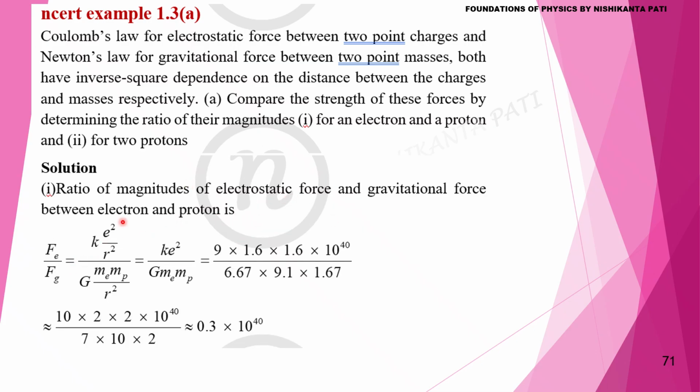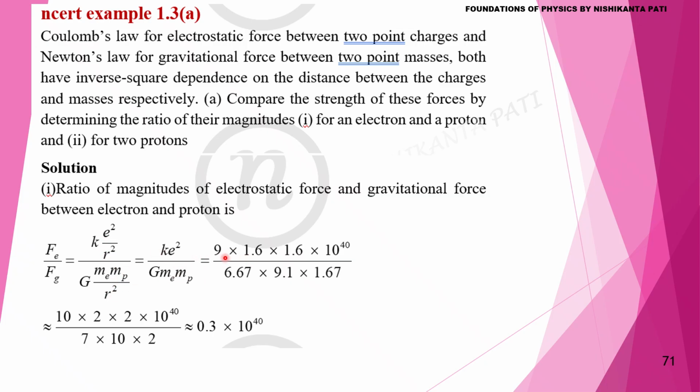The first question says between electron and proton. The numerator is the magnitude of electrostatic force between electron and proton. Electron charge and proton charge are the same, each is e in magnitude. Then the gravitational force magnitude, where me is the mass of the electron and mp is the mass of the proton. r square is the same, cancelling.